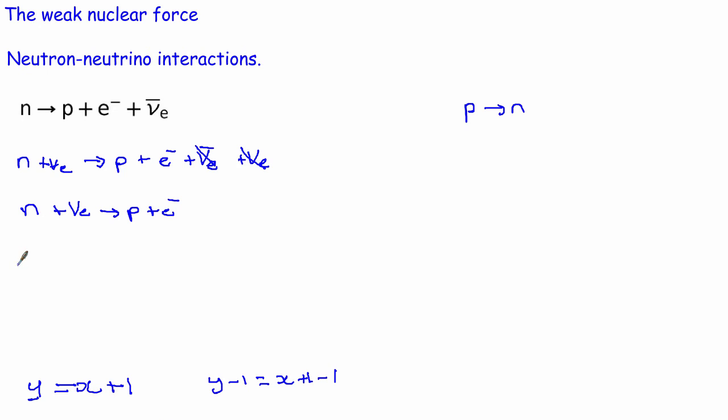So what I'm going to do there, I've got my neutron plus my electron goes to my proton plus E minus. To get rid of the E minus, I'm going to add the antiparticle of this thing, in other words, the positron, so the E plus bit. But if I do it to this side, I also have to do it to this side, like that.